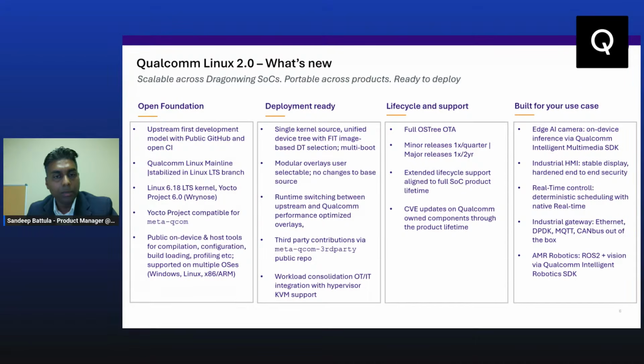We merge the code here, and we back propagate the changes from this mainline back to what we call the Qualcomm LTS branch, where we plan for the long-term stability and provide the completely validated releases for the commercial deployments.